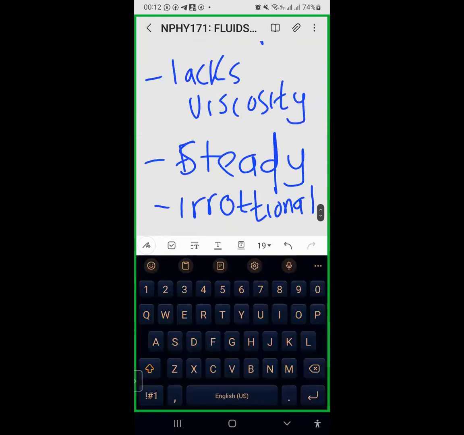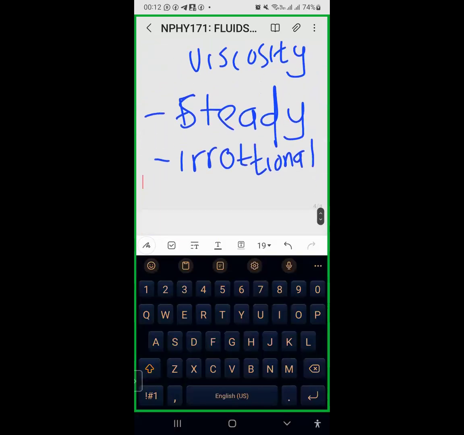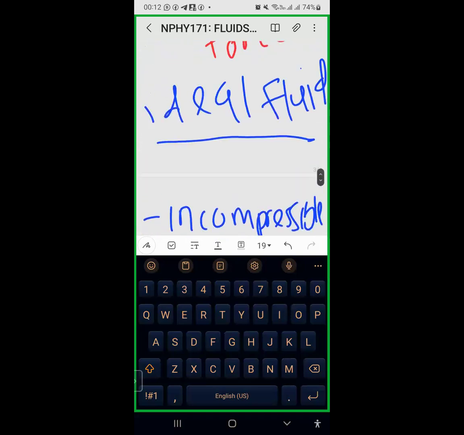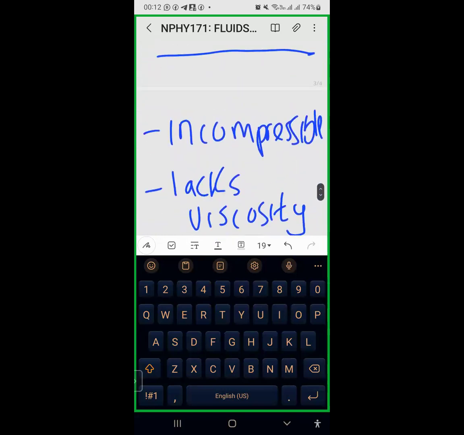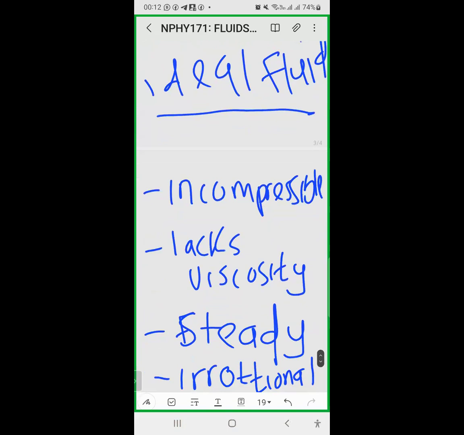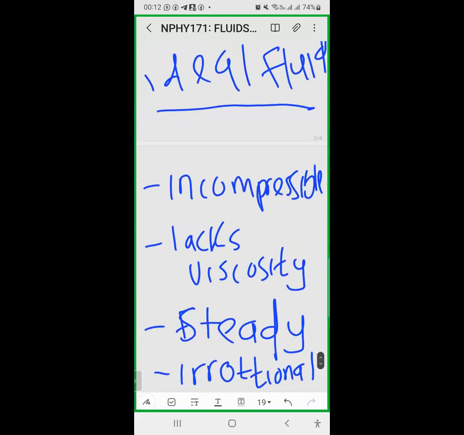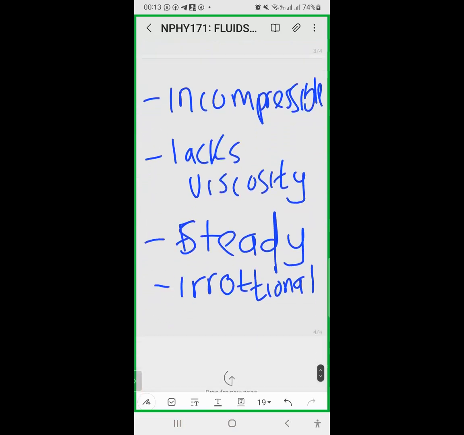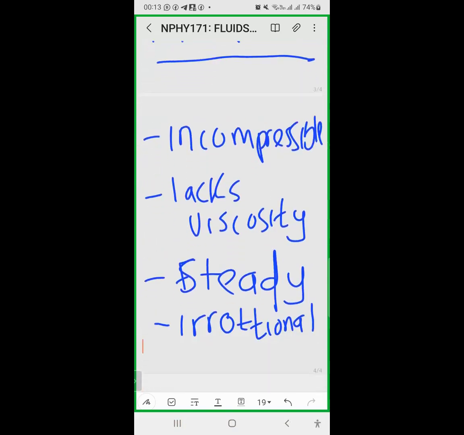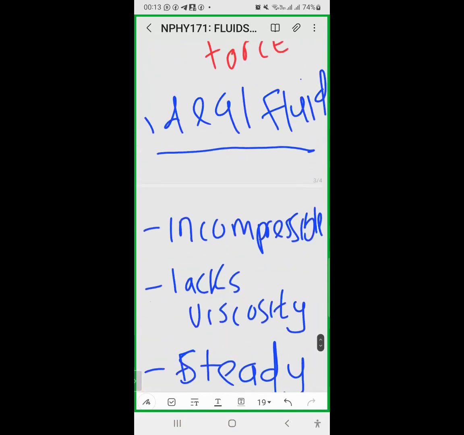And then we're going to look into the fluid patterns. So yes, guys, these are the characteristics that you have to familiarize yourself with under fluid mechanics in order for you to classify a fluid as being ideal. It needs to be incompressible, it needs to lack viscosity, and then have a steady flow and be irrotational.